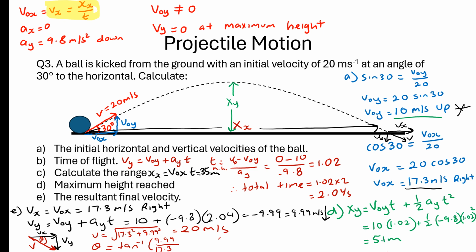Using the calculator, tan inverse 9.99 over 17.3, we get 30 degrees, and this angle is between east and south. The angle starts from east, so we write east first, and then 30 degrees, and then south.